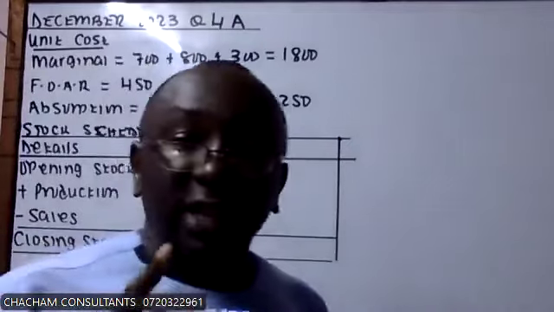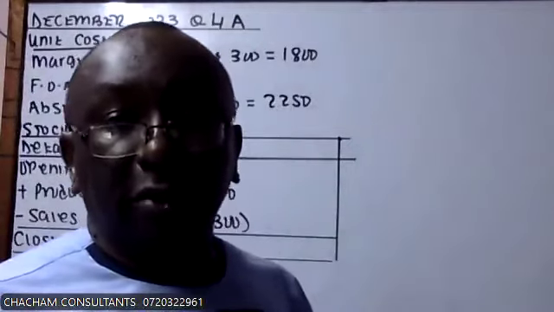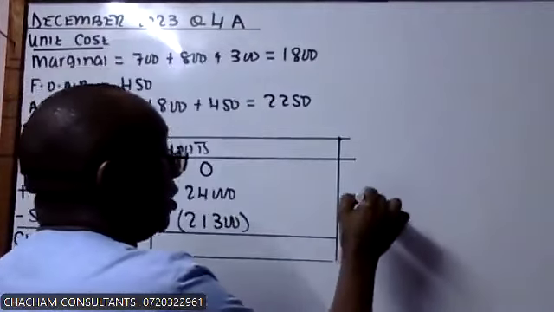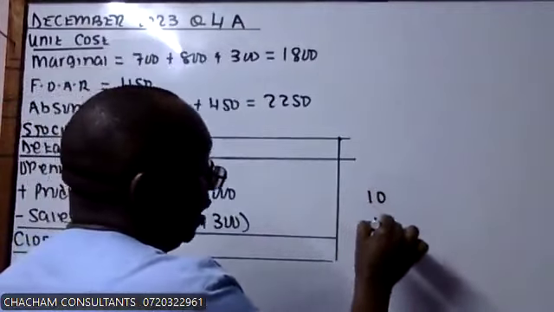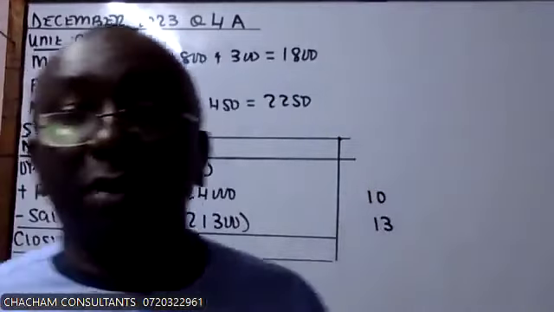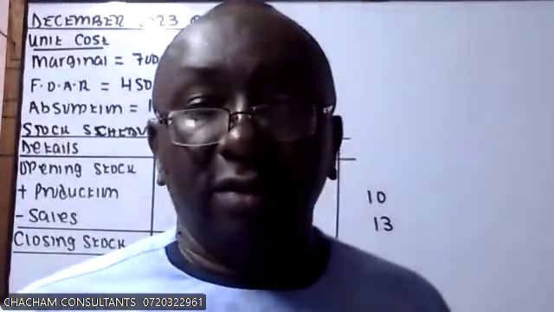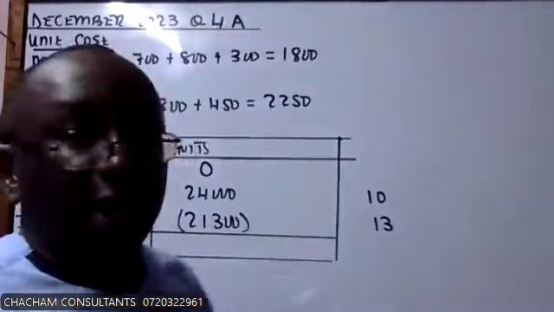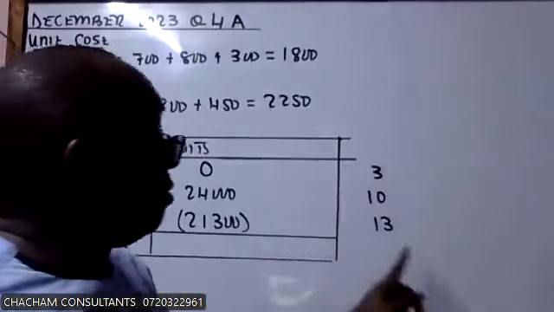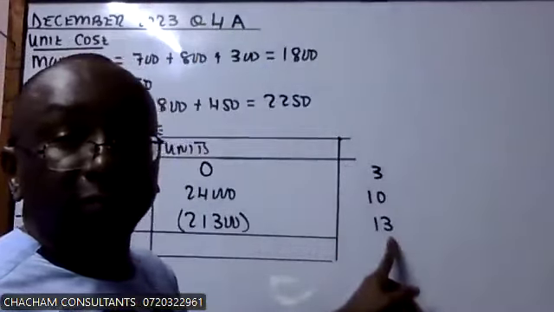But if production is less than sales, for example, you are told production was 10, but they sold 13, and the question has not mentioned opening stocks, this means they must have had an opening of 3, because you cannot sell more than what you produced.